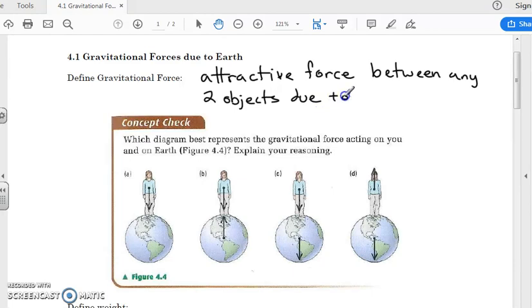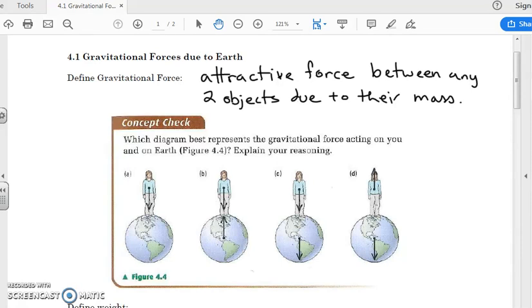So that would be any two objects with mass. So that would be, let's say, you with your desk, or you with your pen, or more specifically, usually we're talking about a celestial body, and the closest celestial body that we have is the Earth.